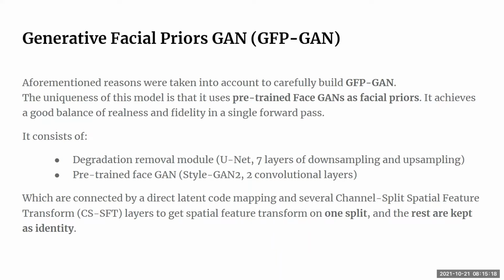As it can be inferred from the name, it removes all of the degradation, such as noise and blur and JPEG compression, stuff like that. And also it uses pre-trained face GANs, which are connected by direct latent code mapping and several channel-split spatial feature transforms, which are going to be explained by Hattie in just a little bit.